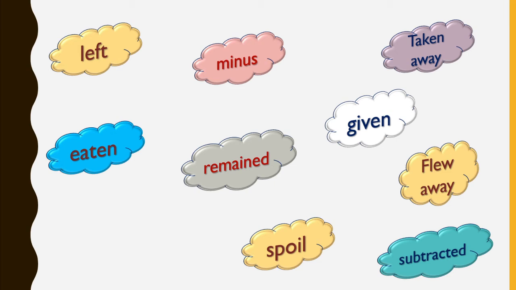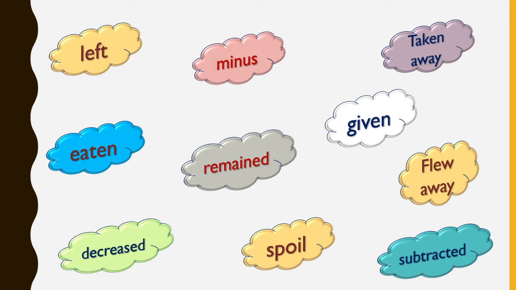Yes, some object, some things that taken away. Then how many left? That also tells us about the subtraction. Next is decreased. The number is decreased. Means it became less. It became small. Means again subtraction. Okay, got this, children?